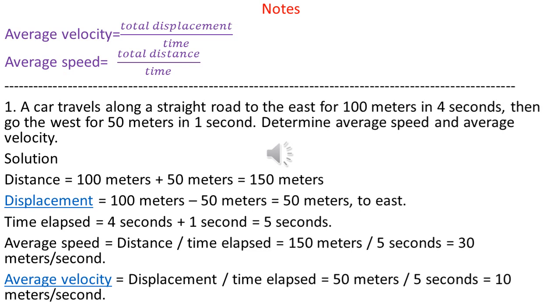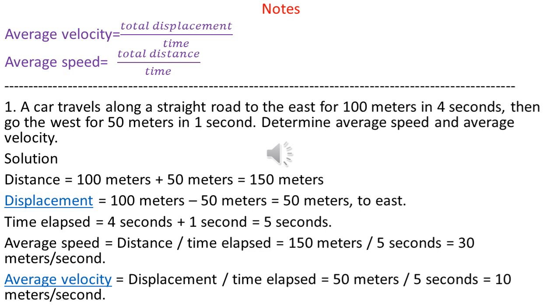But the displacement equals the difference between the starting point and ending point. It moves east for 100 meters, then returns west for 50 meters. The difference between them is the displacement. So the displacement equals 50 meters and its direction is east.